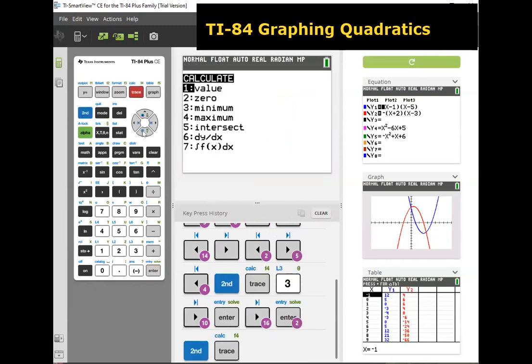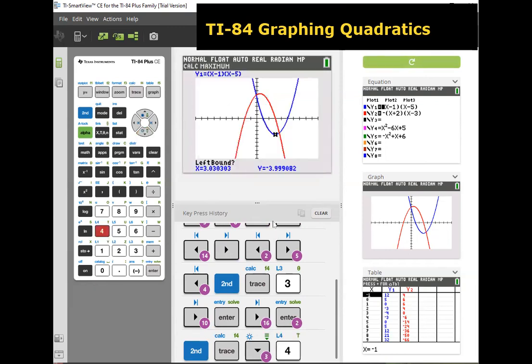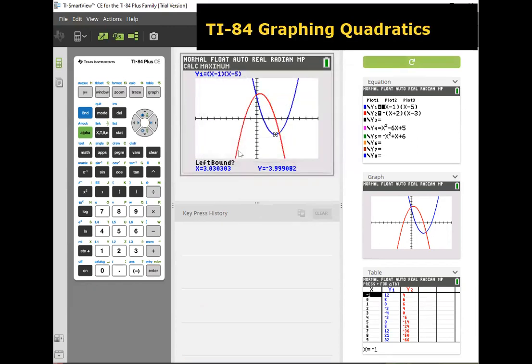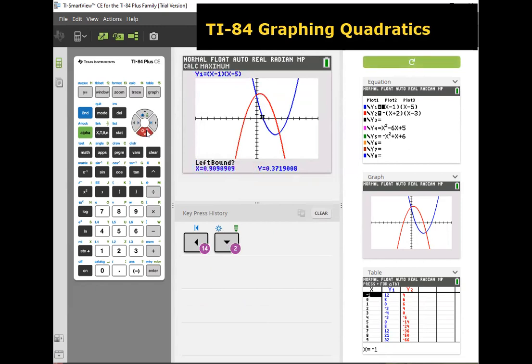Since it's the red line, that is a maximum, so choose choice 4. I'm going to have to move the drone along the red line, but it's on the blue line. So remember to click up or down to switch graphs. Now I'm to the left of the maximum, where it's still increasing. Make sure that you're on the right side, where it's decreasing, hit enter.